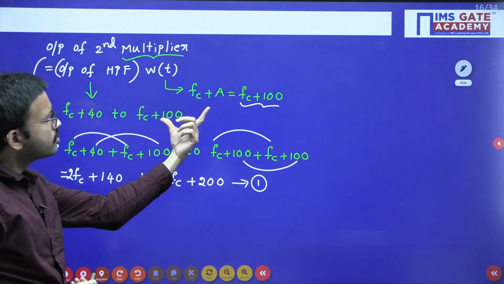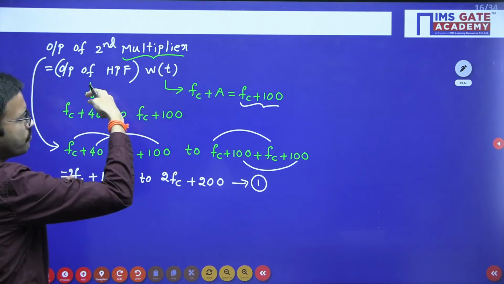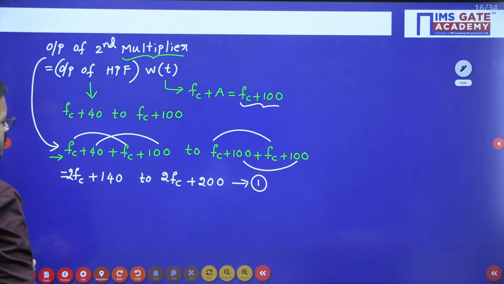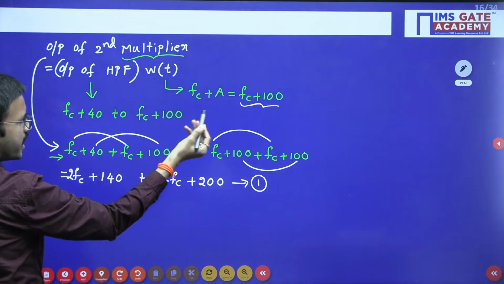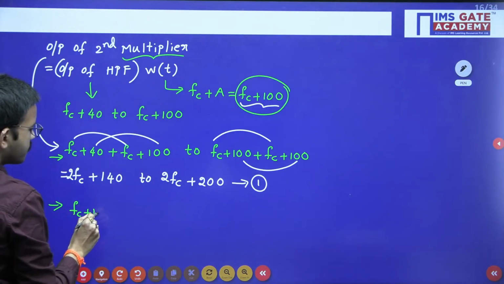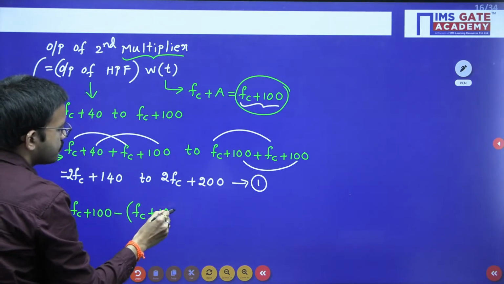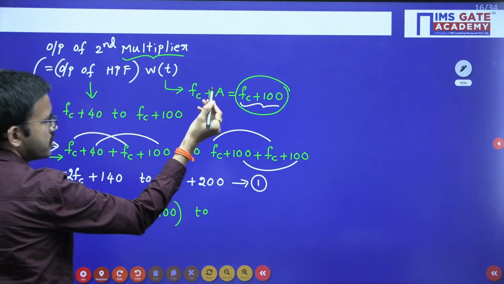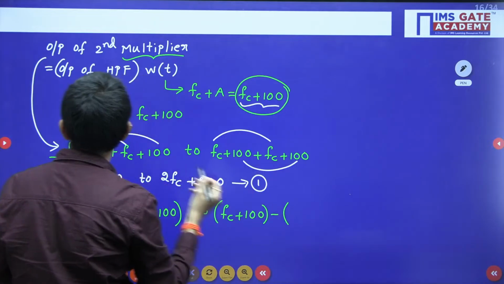So the starting frequency is Fc plus 100 minus Fc plus 100, and the ending frequency, the larger one, is Fc plus 100 minus Fc plus 40.